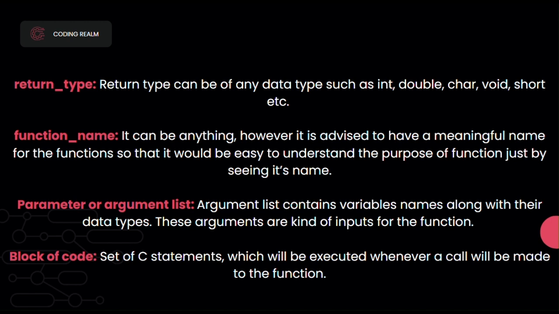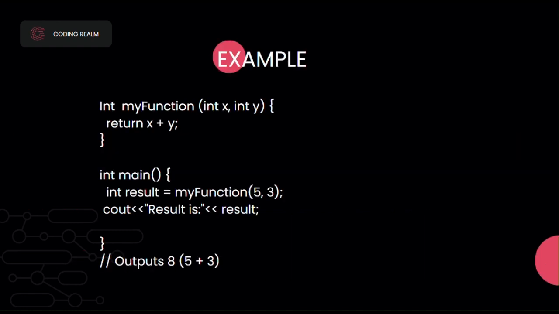Parameter or argument list: the argument list contains variable names along with their data types. These arguments are kind of inputs for the function. Block of code: a set of C statements which will be executed whenever a call is made to the function. Now let's see an example to understand how to declare a function.